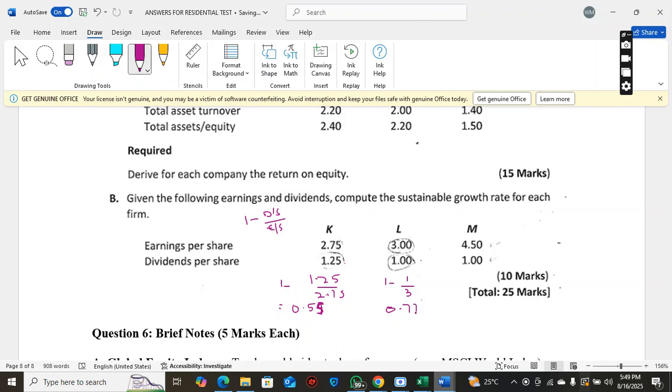And these guys are holding more money, withholding more money to invest in growth than give to their shareholders compared to L. Then company M, 1 minus 1 over 4.5.